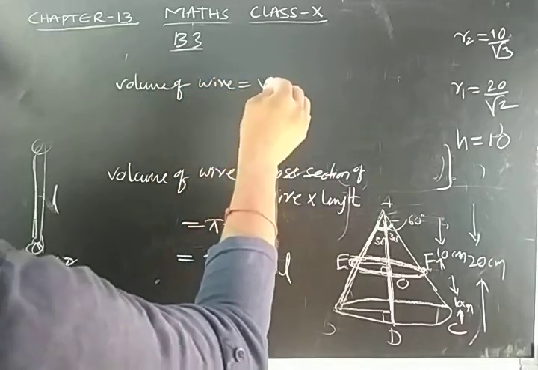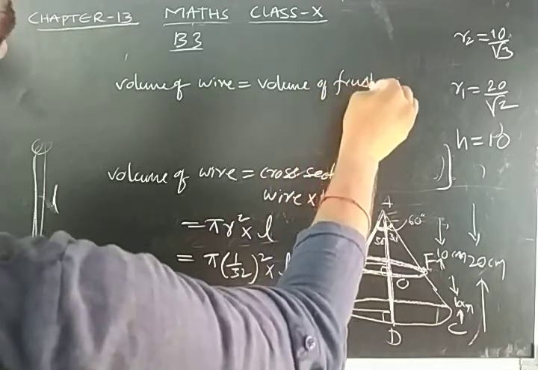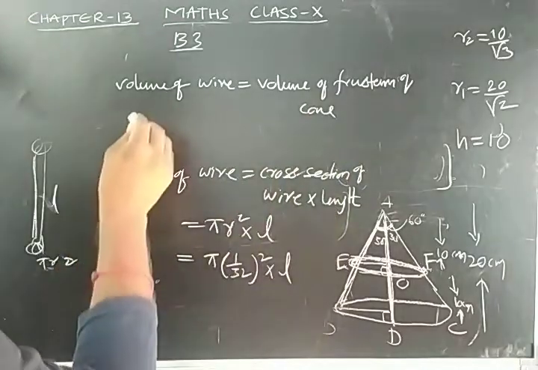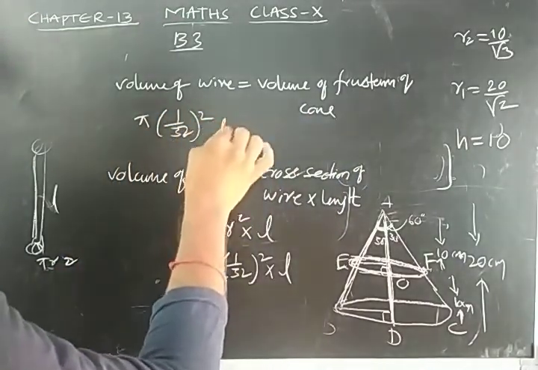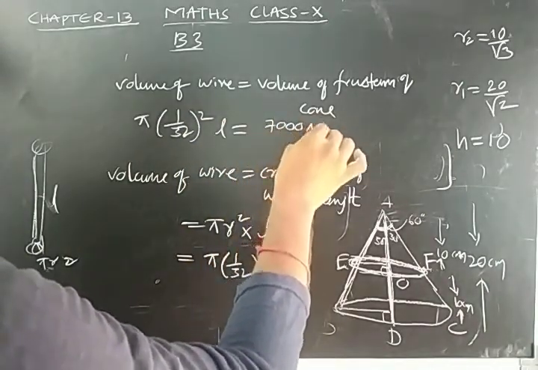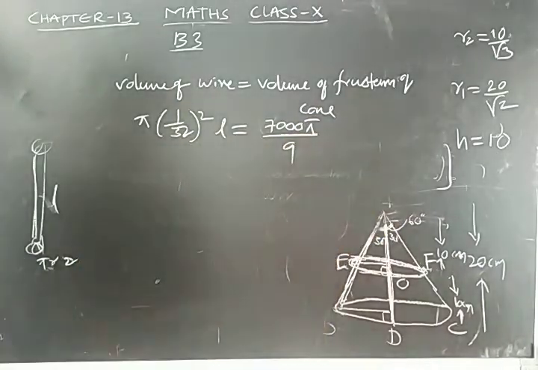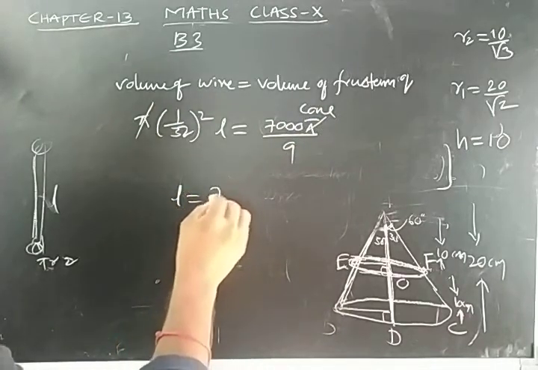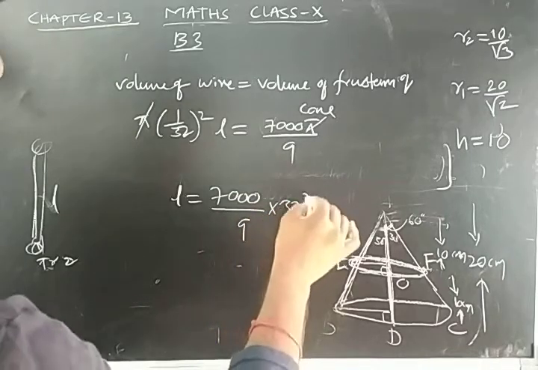Volume of wire is pi into (1/32) whole square into L. Volume of frustum of cone, what we got? 7000 pi by 9. Here pi cancels on both sides. L is equal to 7000/9 into 32 square.